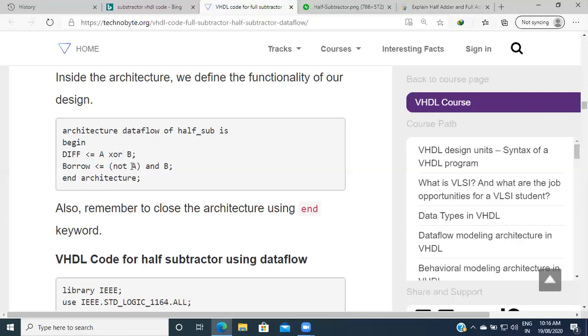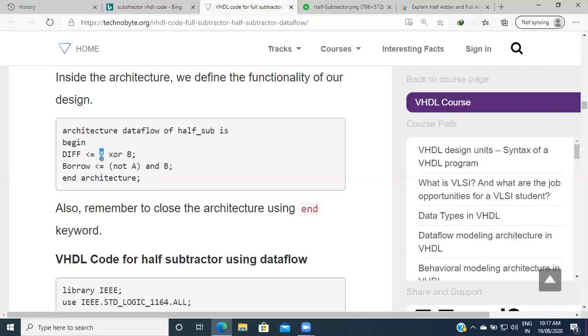And if not A means here is 1, here it is 0, 0 and 0, the borrow is 0. 1 minus 0, value is 1 and borrow is 0. But here if the value of A is 0 and B is 1, what happens? A is 1 and B is 0. A is 0 and B is 1. What happens?